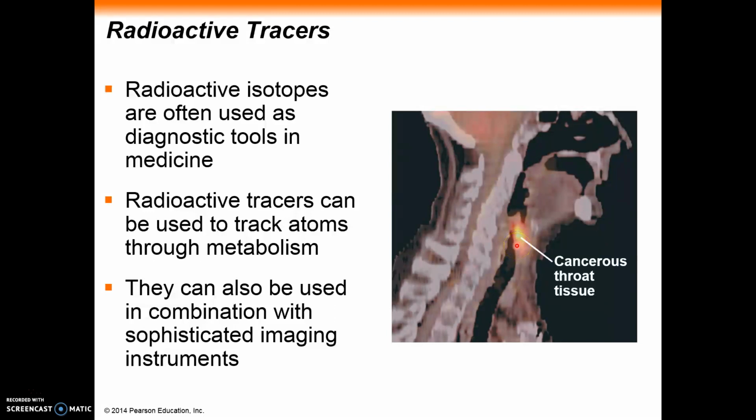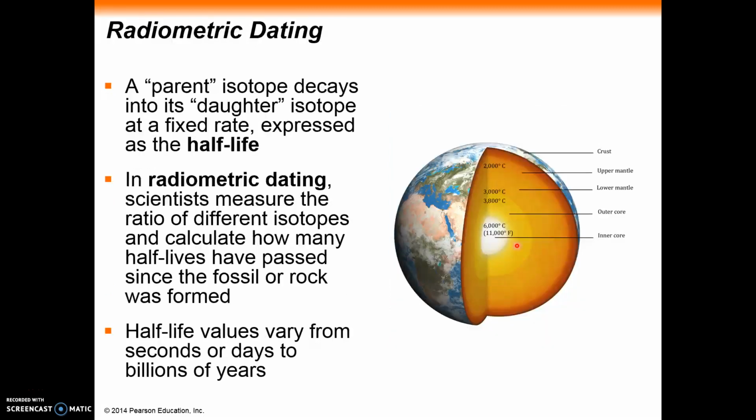We can also utilize this principle to date things. I am eating and breathing, so consequently I am constantly taking in more and more carbon, and so I have a certain ratio of carbon 14 to carbon 12. When I die, I cease taking in new material.